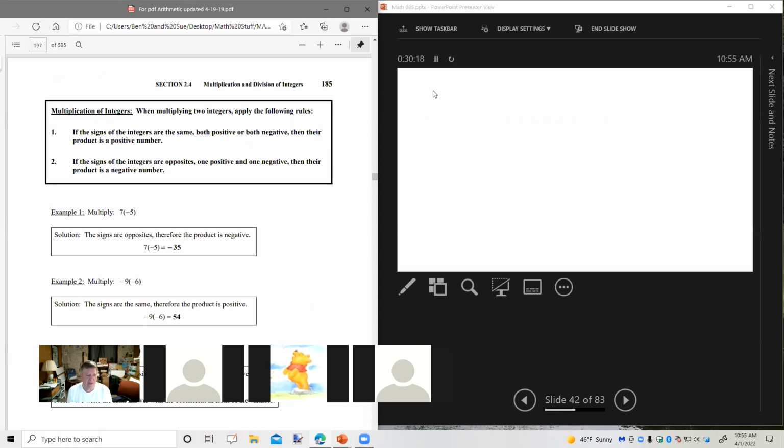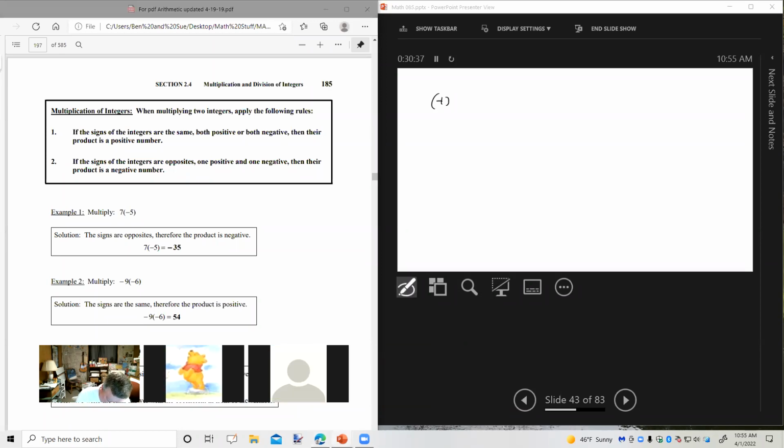Multiplication of integers, it says, when multiplying two integers, apply the following rules. If the signs of the integers are the same, both positive or both negative, then their product is a positive number. So a positive times a positive gives a positive answer. A negative times a negative gives a positive answer.